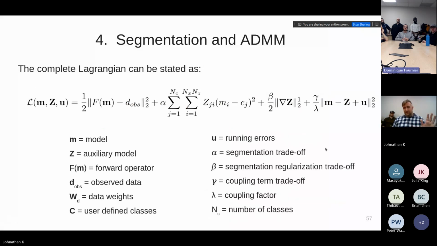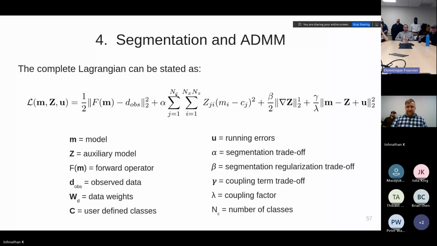So then to state the full Lagrangian, again, we have our data misfit term that's using a forward operator on our model to compare to the data. And then we have our segmentation term that's looking at how close the model is to each class. And then we have the regularization for that auxiliary space, and then the coupling term, which is like a smallness term that couples the two spaces together.